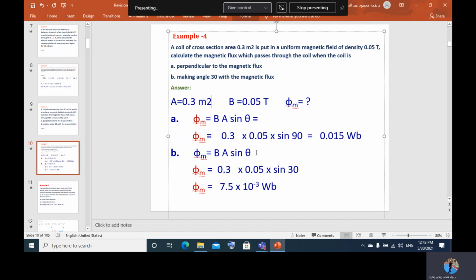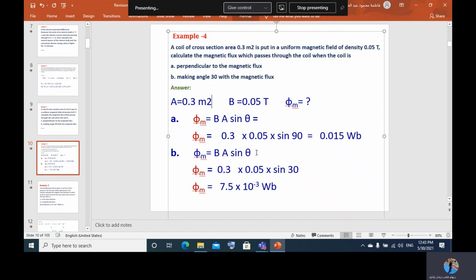Now, the second part of the question says, if the coil is making an angle 30 with the magnetic field. Before, he wanted us to calculate it when it is perpendicular. Now he wants us to calculate it when it makes an angle 30. So in this case, I put the same rule, phi sub m equals BA sine theta.